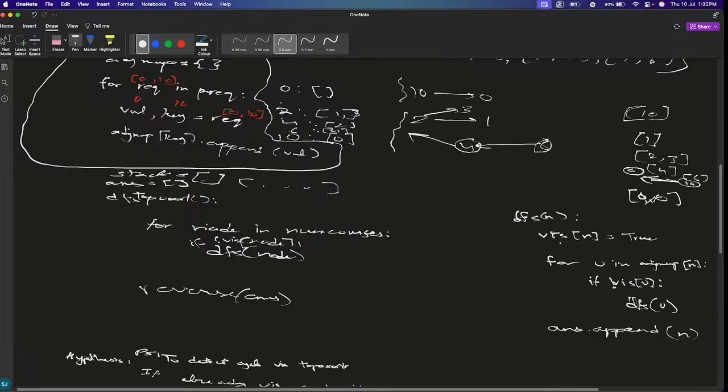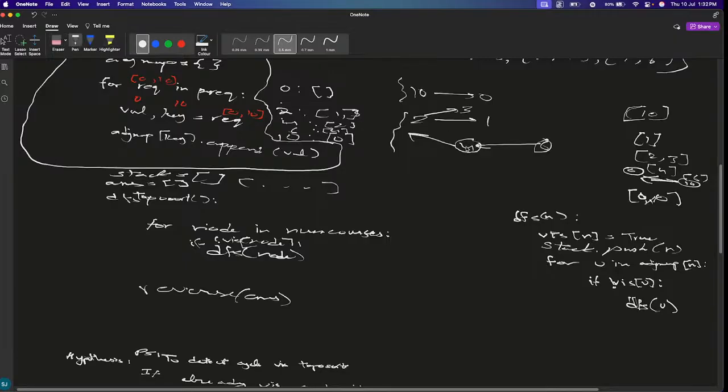Visited node equals true. Yes. Stack push n. Once that's done, we're not gonna append any answers over here anymore.